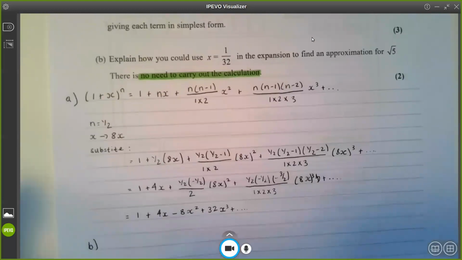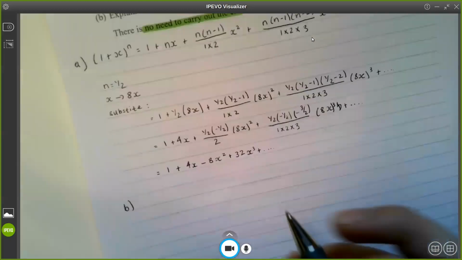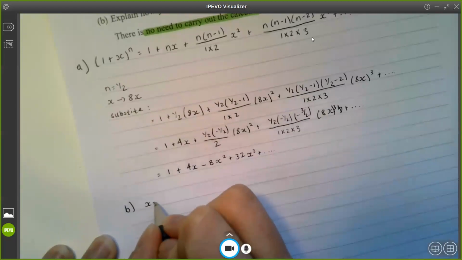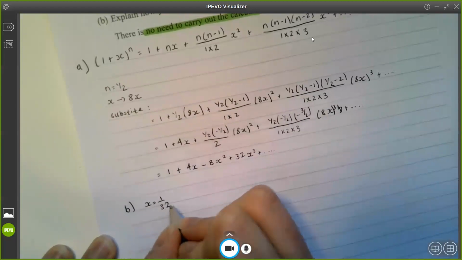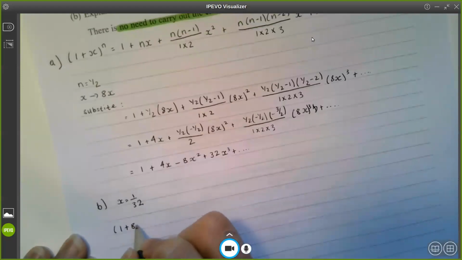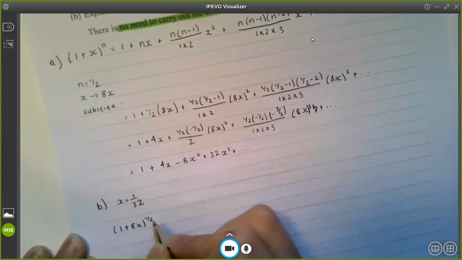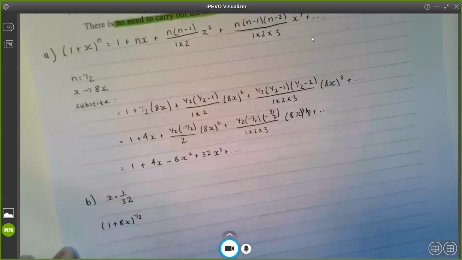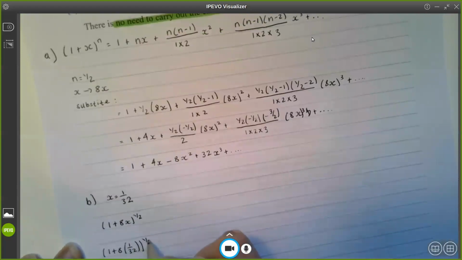First thing I'm going to do is substitute x equals 1 over 32 into (1 + 8x)^(1/2) to see what I get. So I've got (1 + 8 times 1 over 32) to the power of a half.